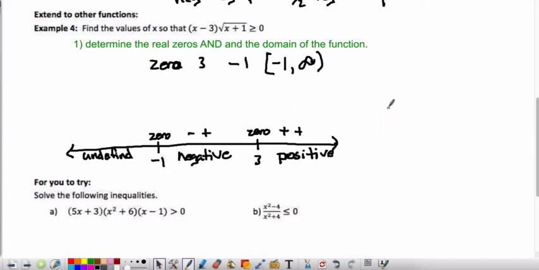So our answer, I'll put it over here. We have -1. Just that -1. And then we jump all the way over here to 3. We're going to include 3. And we're going to go to infinity. So that way we have all the parts that are both greater than and also equal to 0.